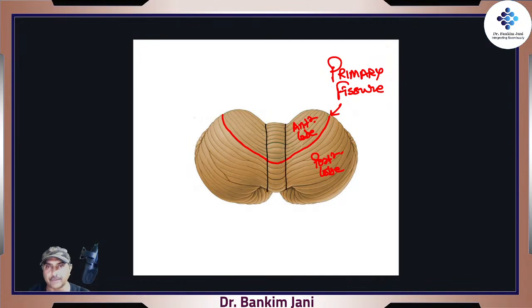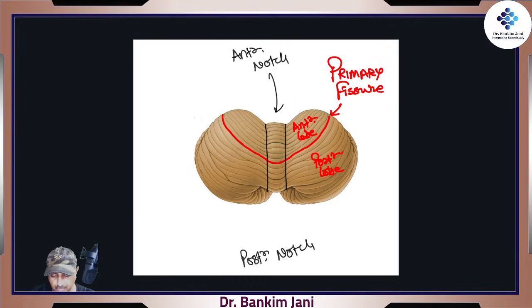So that one would be the vermis. So this is anterior, that one is posterior. So they are called the anterior notch of cerebellum and posterior notch of cerebellum. Right, anterior notch and the posterior notch.